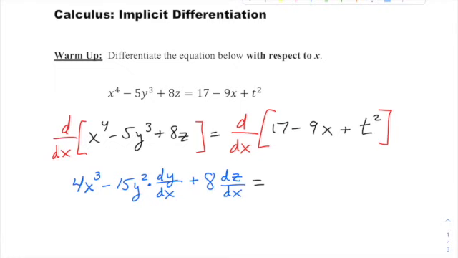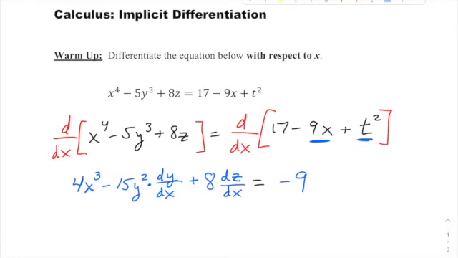And so continuing on the other side of the equation, the derivative of 17, that's a constant, that's 0, and times dc dx doesn't matter, it's 0, so boom, it's gone. The derivative of negative 9x, that's negative 9. And again, that's x, so I don't need to multiply by any additional notation.